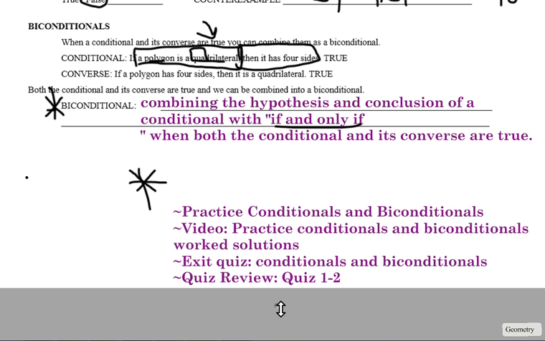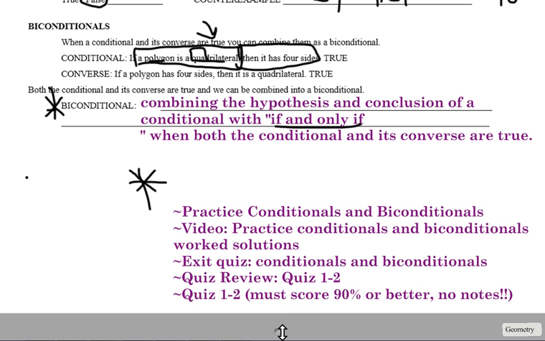We have a quiz coming up, an actual paper pencil quiz that you're going to take without your notes, without your lesson viewing device, whether it's an iPad or a computer or a tablet or whatever you're using. And you have to take that quiz and score a 90% or better.